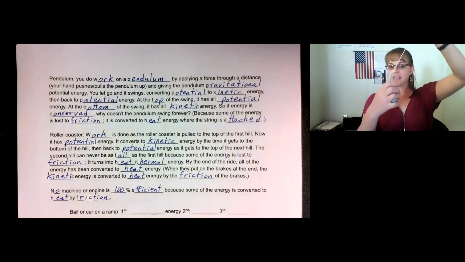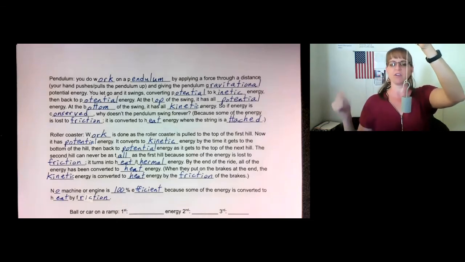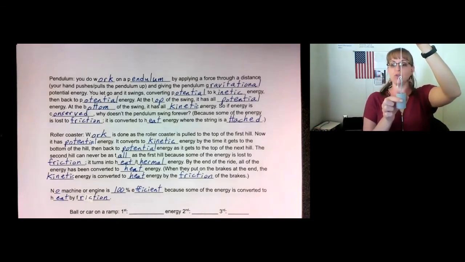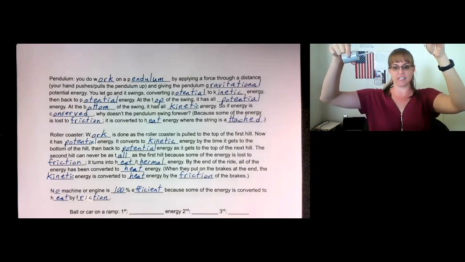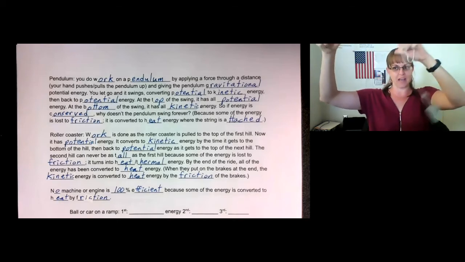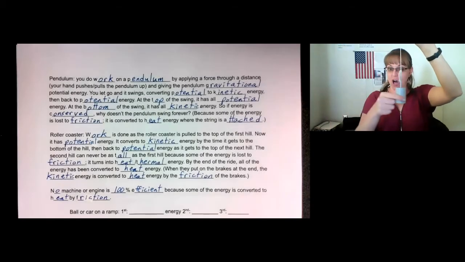A pendulum is anything that swings on the end of a rope, string, chain, whatever. So you do work on the pendulum by applying a force through a distance. The pendulum now has potential energy. When you let it go, it converts to kinetic energy as it moves. The pendulum has all kinetic energy at the bottom of the swing.